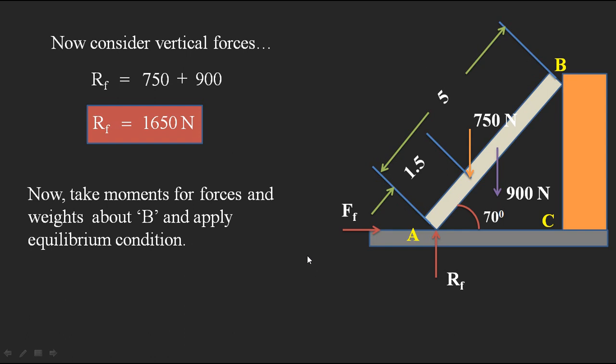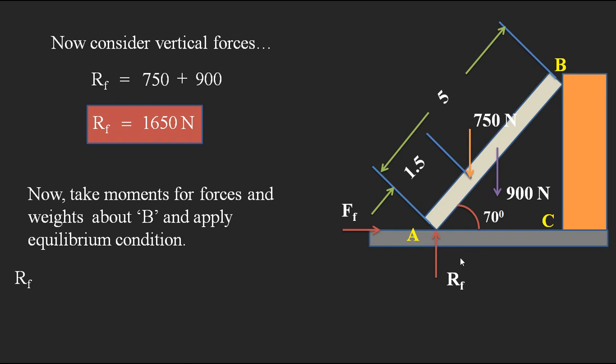First I would like to explain again. When the body is in equilibrium, the moments in the anti-clockwise direction are equal to the moments in the clockwise direction. First I would like to consider RF, which is causing motion here.